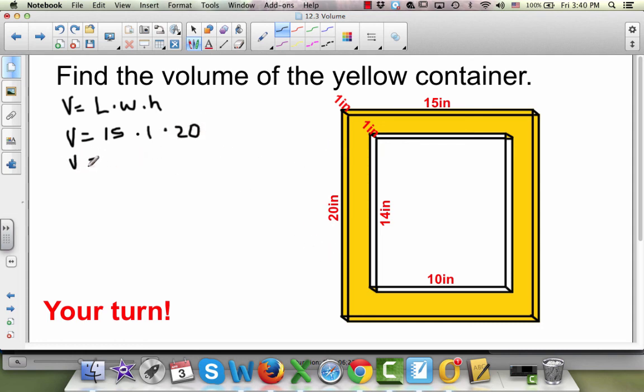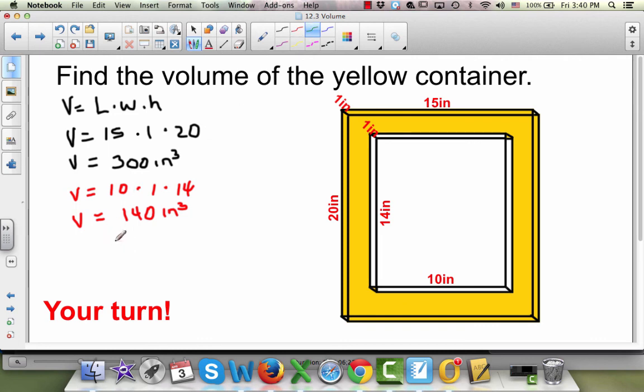So that gives us volume equals 15 times 1 is 15 times 20 is 300 inches cubed. So now the white one will be volume equals 10 times, and this is 1 also, times 14. So that gives us volume equals 140 inches cubed.